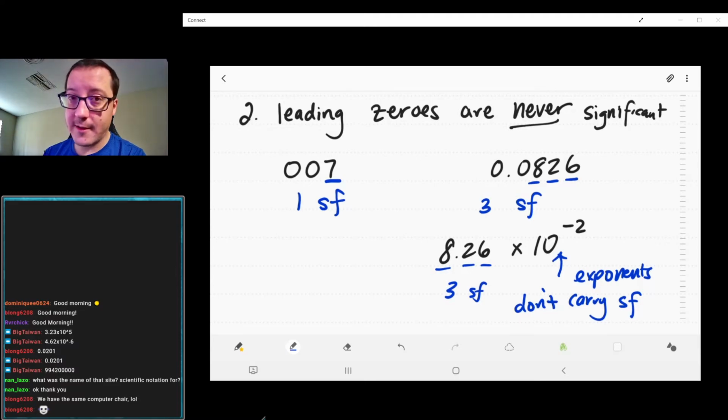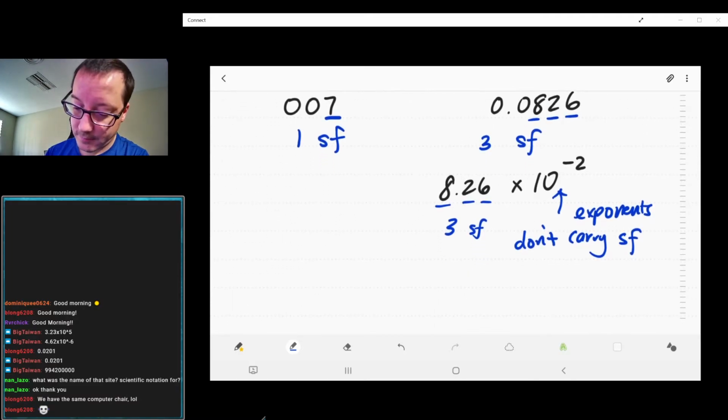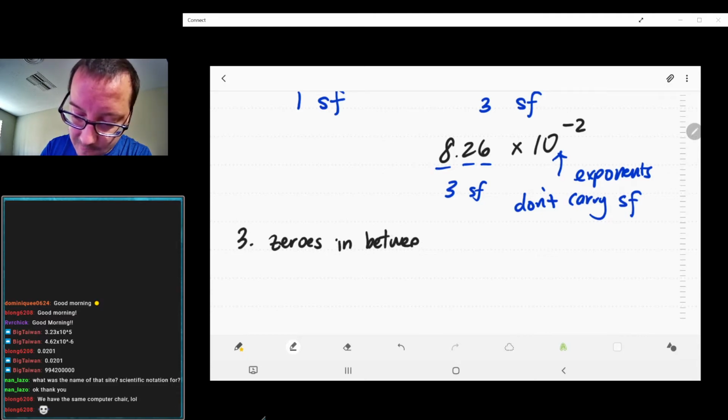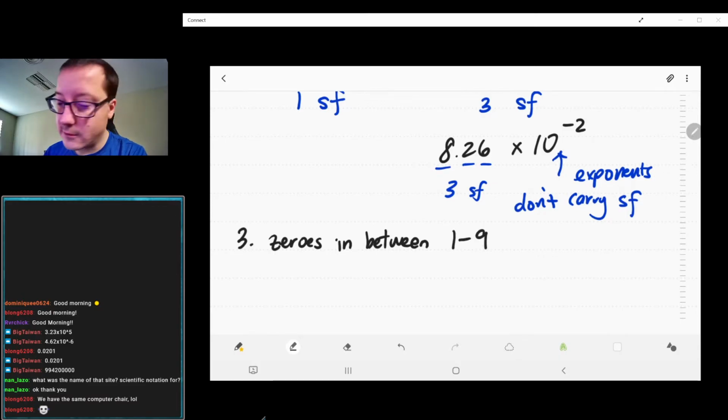So non-zeros, always significant. Leading zeros, never significant. If we look at the third one here, it is zeros in between numbers. Numbers 1 through 9, non-zeros, are always significant.